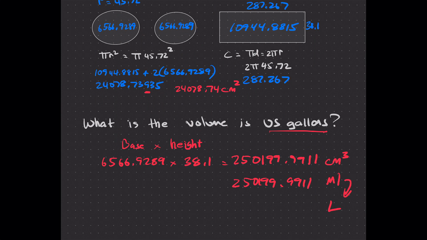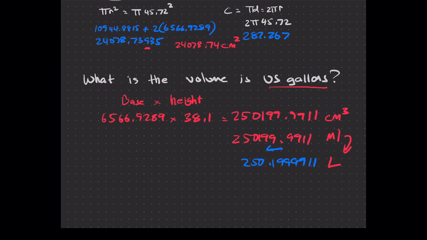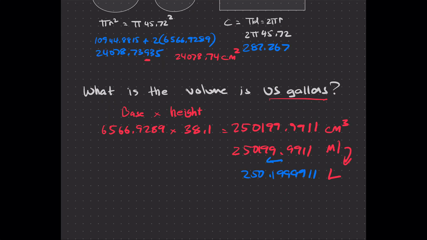To do that, I'm just going to take that decimal and move it left 3 positions. So we're going to end up with 250.1999911 liters.